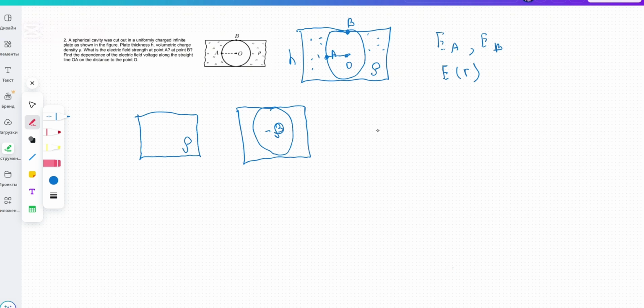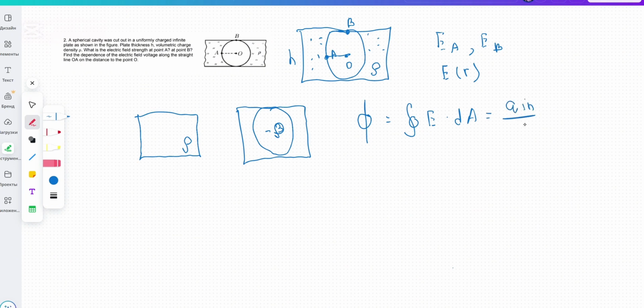So now we need to calculate the electric field at point A. We already know Gauss's law: the flux equals the electric field multiplied by the small area inside the closed surface.